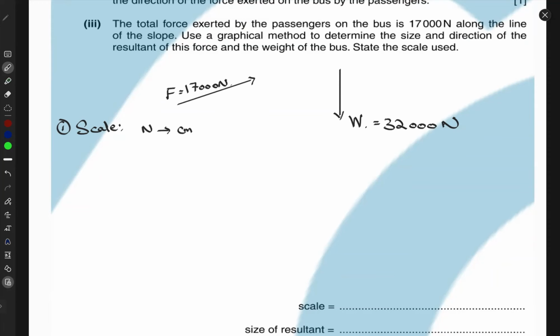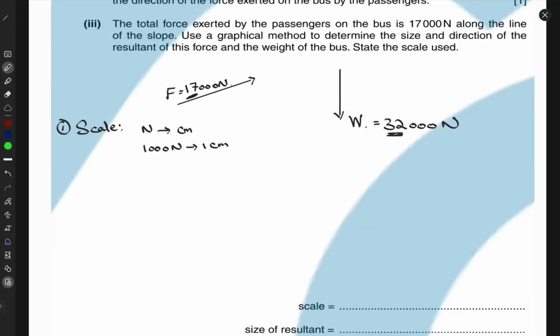One choice would be saying that 1000 newtons is 1 centimeter. But in that case, you'll have to draw a line of 17 centimeters for this force and a line of 32 centimeters for this weight. Even though that might be almost possible, I don't think it's a suitable scale to use when drawing on an A4 size paper.